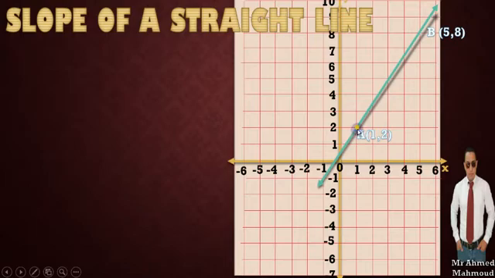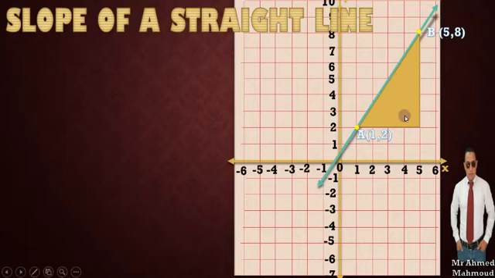By looking at the path of point A to reach point B like this, this motion represents a right angle triangle. Now I'm going to study this right angle triangle, because it is going to describe the slope of the straight line.